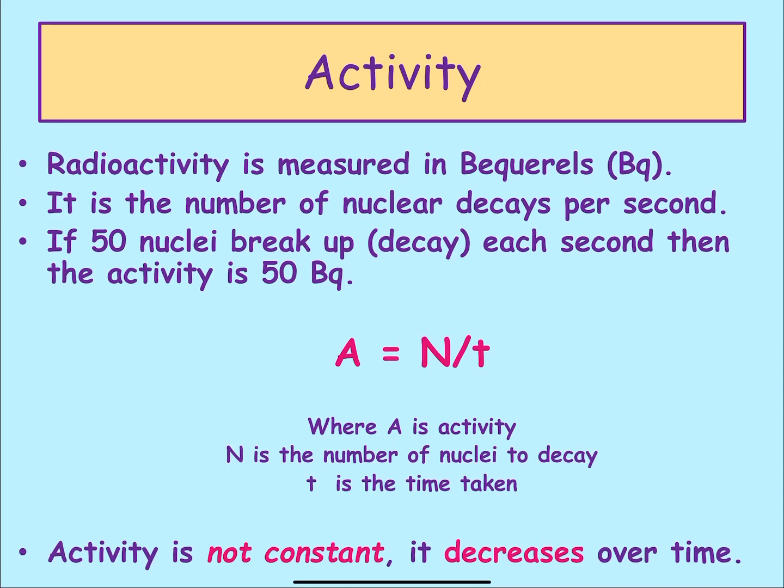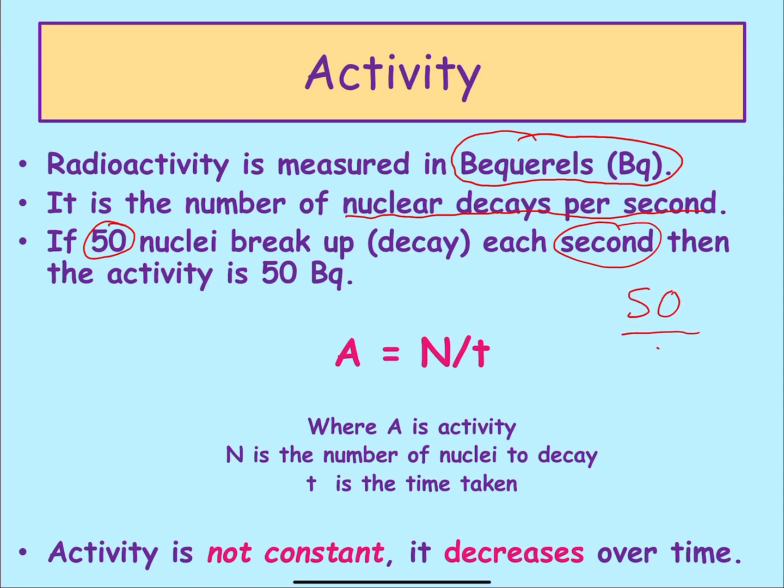So activity first. Radioactivity is measured in something called becquerels, and it's got the symbol Bq, and it's the number of nuclear decays that happen every second. So if 50 nuclei break up every second, so 50 divided by 1, then the activity is 50 becquerels.